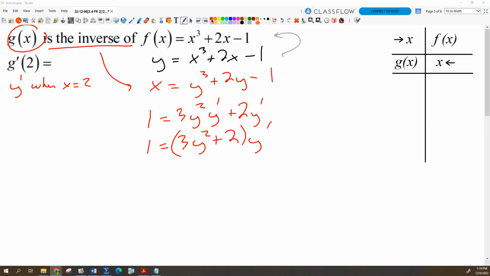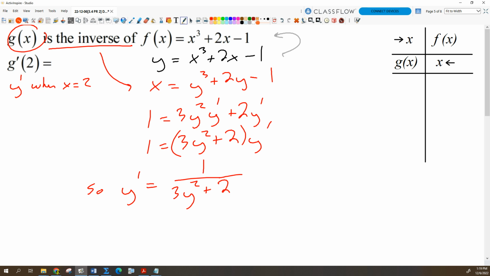Okay. So I get y prime equals 1 over 3y squared plus 2. Okay, so there's my answer, right?